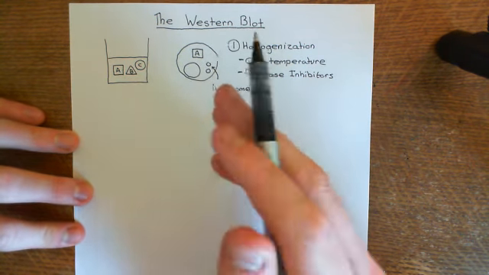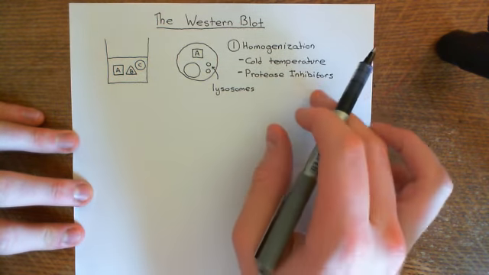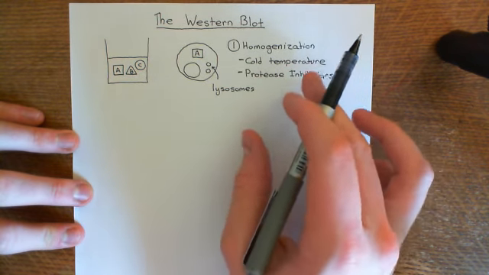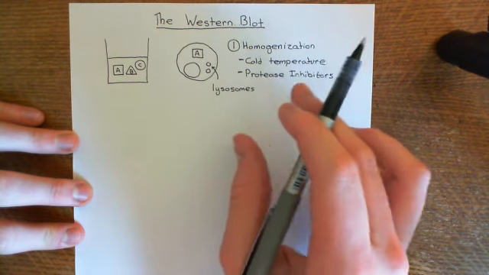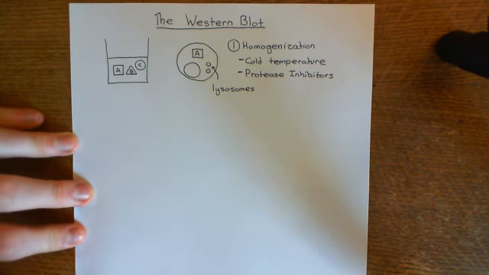It doesn't matter if a few of them are broken up, but we don't want all of them to be broken up. So hopefully these two actions will help to prevent too much proteolysis of the protein A, so that we still have a reasonable amount of it left within the homogenate at the end.